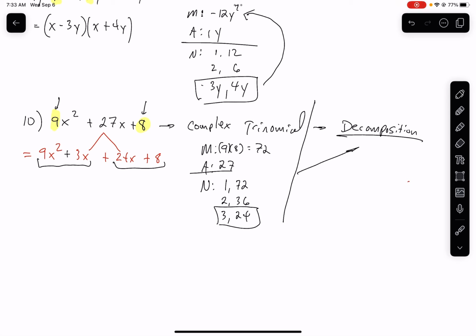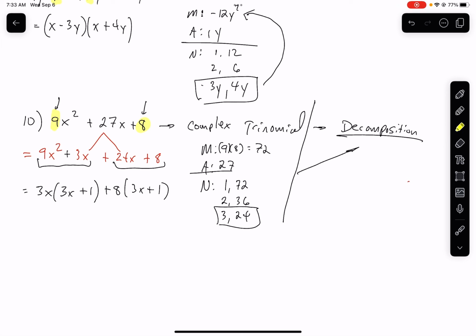Okay, so across the first half, it looks like I can remove a 3x, and then I'm going to write what's left after I've removed it. So 9x squared divided by 3x is going to be 3x plus 1. And what's common across the second two terms? It's 8. So I'm going to write 3x plus 1 again.